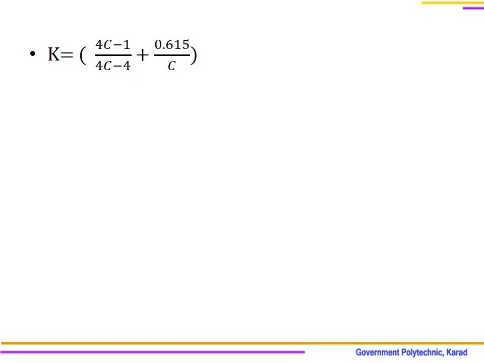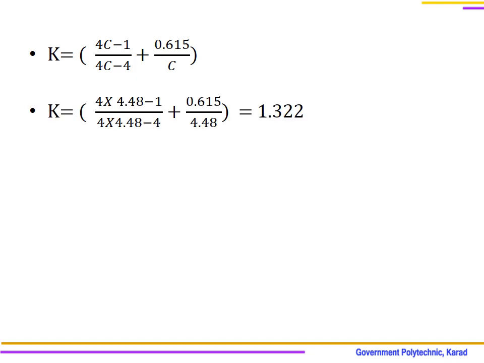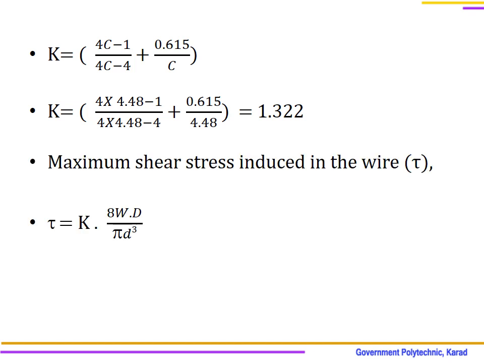K we can find now for this spring, which is 1.322. The maximum shear stress is to be found. It is given by tau is equal to K W D 8 upon pi d cube.